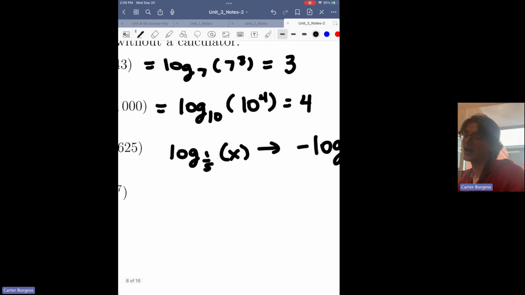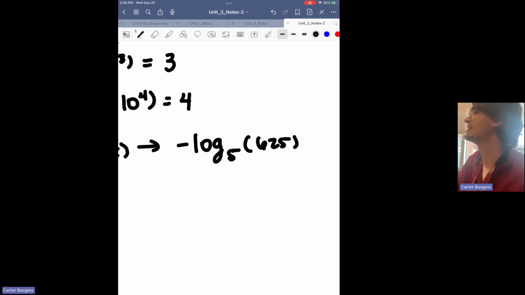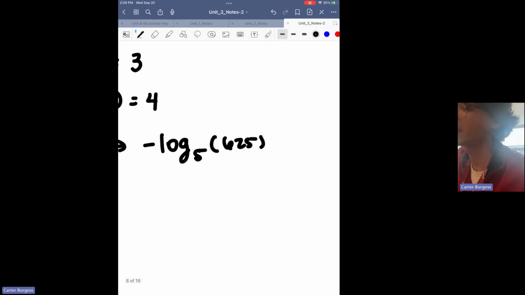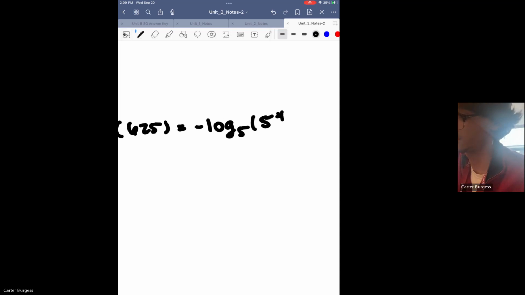And so this becomes a question of what is log base 5 of 625. And then we, again, take the negative, which is kind of what we're doing with this whole reflection business. And how can I write 625 as a power of 5? 5 to the 4th.